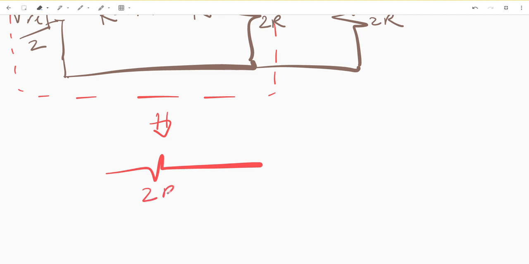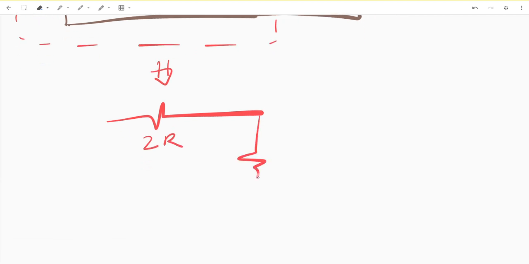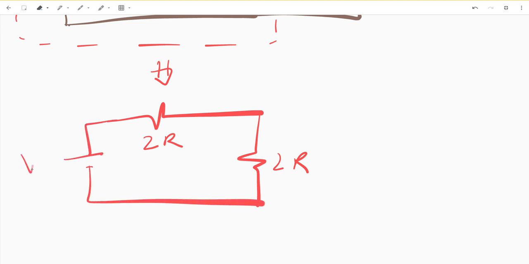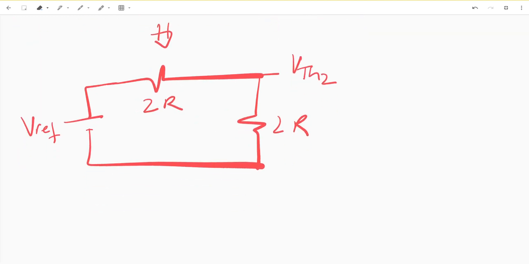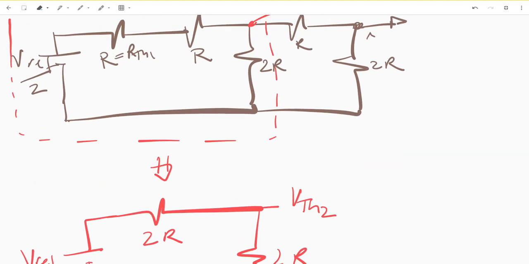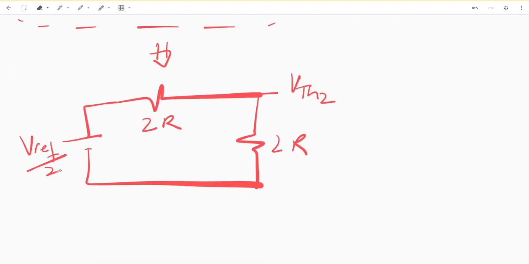And so what we can do is, again, use superposition with this red part and simplify our circuit to be 2R, 2R, and there's a Vref here, and this is VTH2. And this Vref now is Vref over 2.